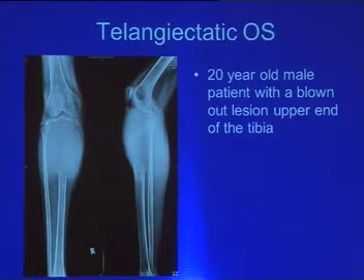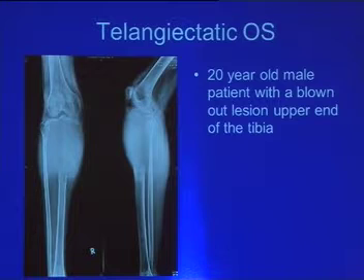Telangiectatic osteosarcoma is another lesion which can have a lot of giant cells, and this is a telangiectatic osteosarcoma which has this huge blown out appearance. Histologically these tumors are very hemorrhagic, and the cells are rather few, but fortunately for the pathologist, the cells are very anaplastic, so making a cytological diagnosis of sarcoma is not very difficult.